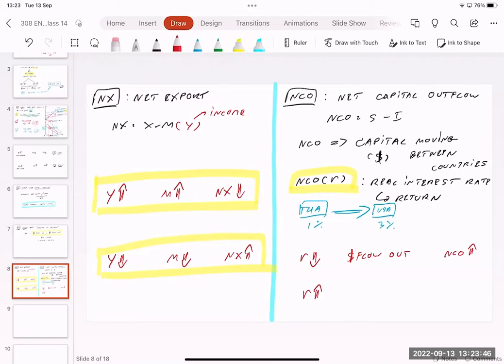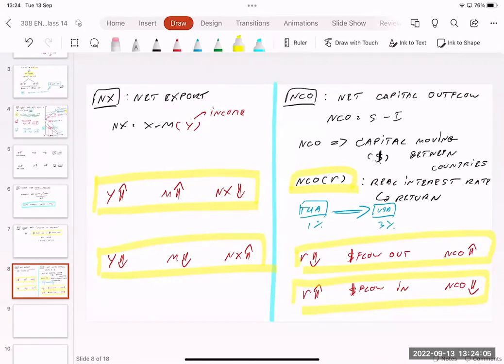Everyone wants to flow their capital to our country. The money is going to flow in. When the money flows in, net capital outflow is going to be lower. This is the way of thinking that you should know.